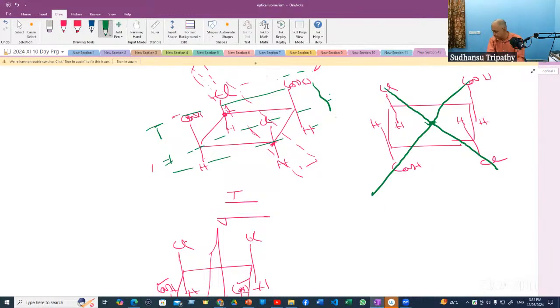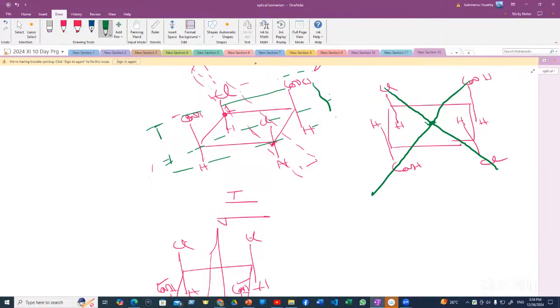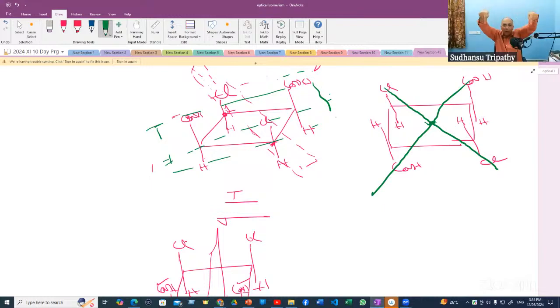Got it? Yes, sir. Similarly, if you imagine a square, I am addressing Sami and others who would not understand. Suppose we have a square cyclobutane, which is almost square planar, but all 4 carbon atoms have substitutions. Suppose at position 1, carboxylic acid is up and hydrogen is down, and in the opposite diagonal position, carboxylic acid is down and hydrogen is up.